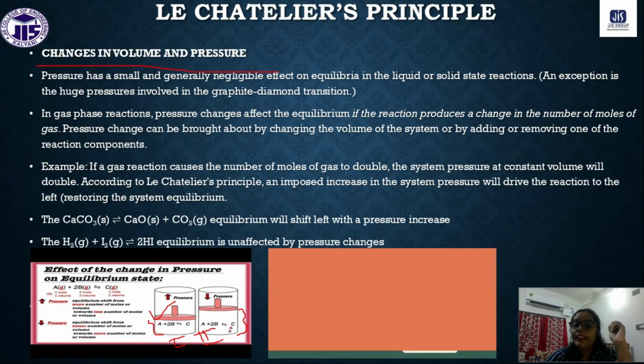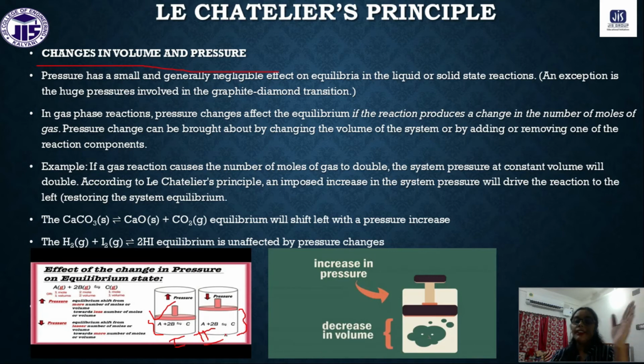If we increase the pressure, the volume, the space, will be lower. That means for minimizing this effect, what will happen? The reaction will go towards that direction where fewer molecules are produced.